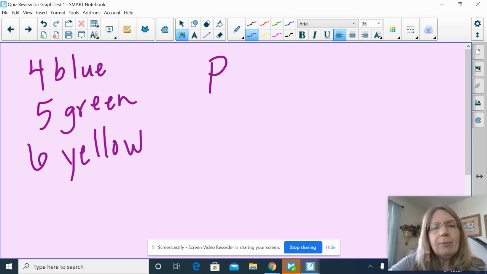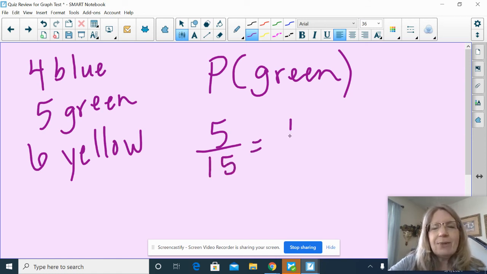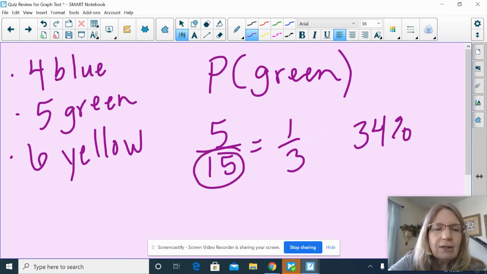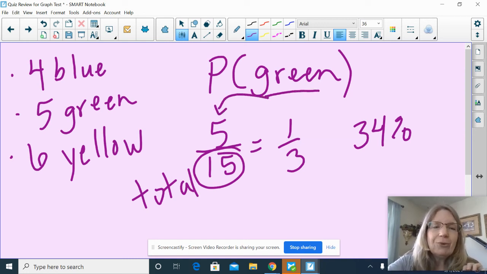If it said the probability of green, then you would just say, I have 5 green out of 15 in all. So we'd say 1/3 or 34% or 33%, it'd be okay, are green. So if you have more than one category, you'd still put the total in the denominator and how many you're looking for in the numerator.